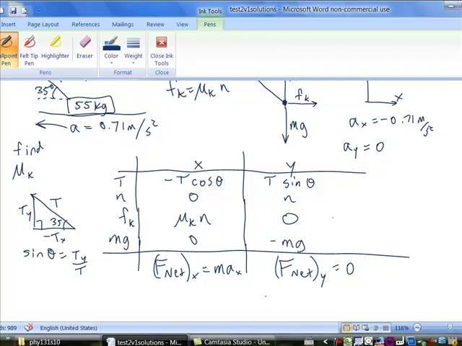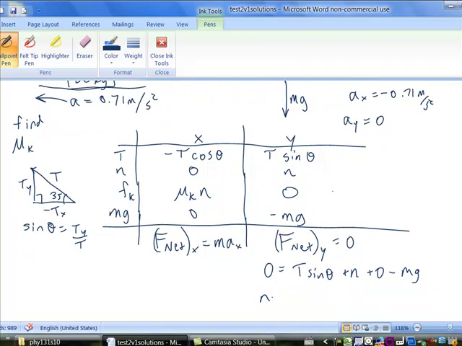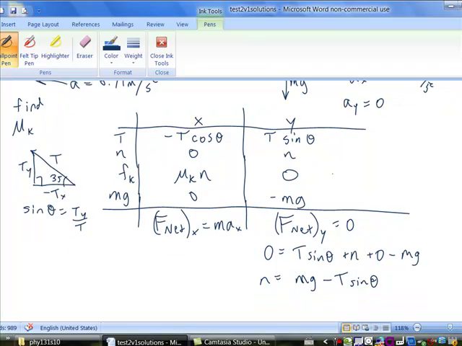So 0 equals T sine theta plus N plus 0 minus mg. So that gives us one of our unknowns here, solving for N. N equals mg minus T times sine theta. We know T, we know theta. So, in fact, we can solve everything here about N.